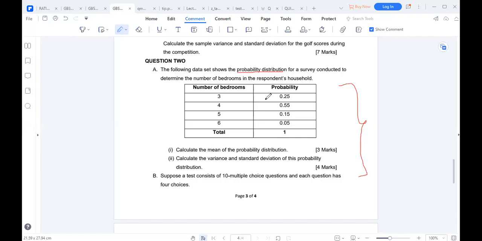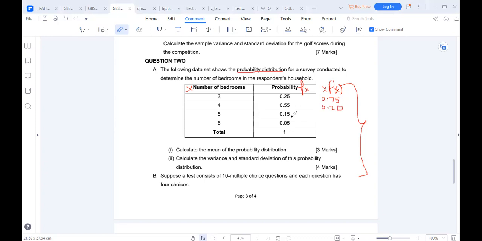Let us see what somebody found. So the number of bedrooms, these are the discrete variables: 3, 4, 5, 6. And the probabilities of x are given. So to multiply the two, x times px, here we have 3 times 0.25, what do we get? 0.75. Then 4 times 0.20, 0.80.